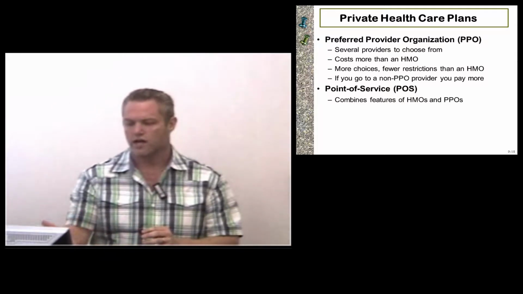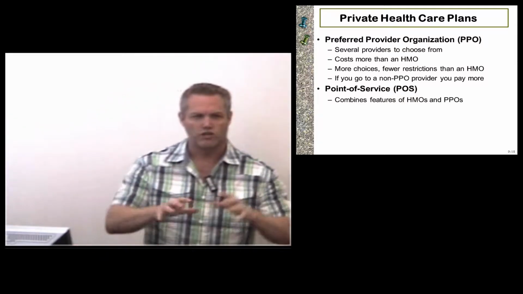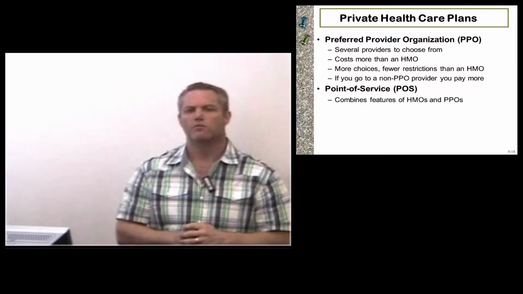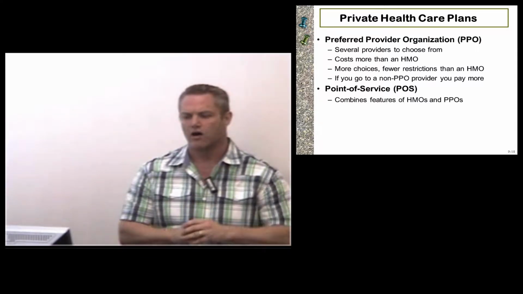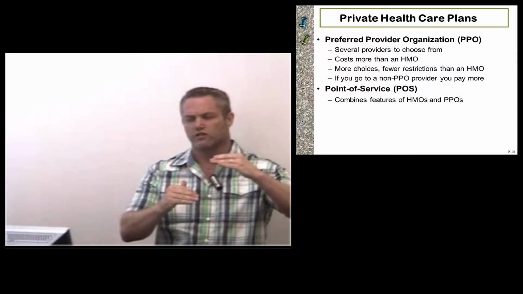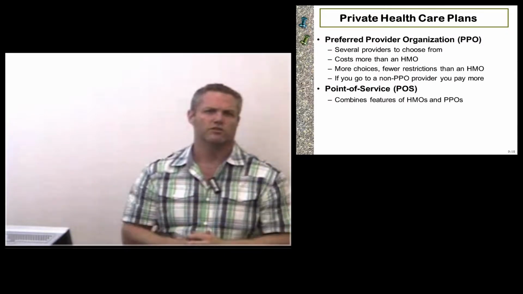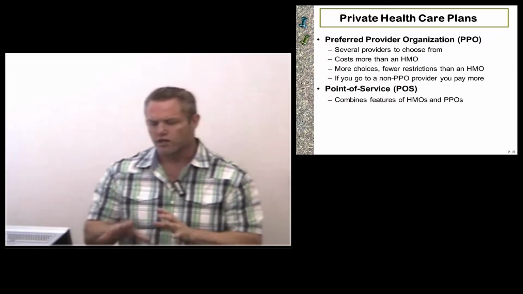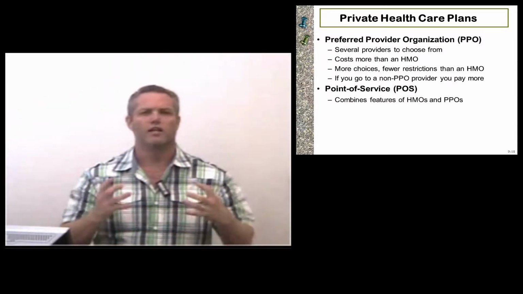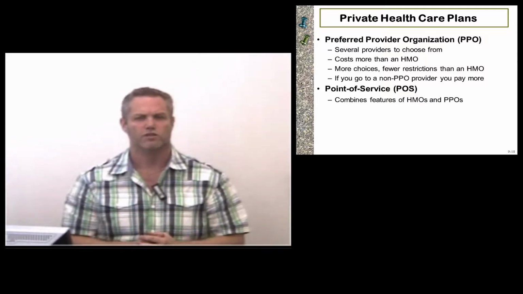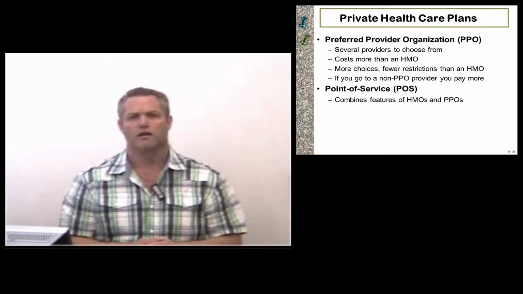And we've also got point of service contracts, which are a hybrid that some organizations allow, which tries to take the best features of an HMO and the best features of a PPO. So what I'm going to do is draw a little illustration of the difference between an HMO and a PPO.